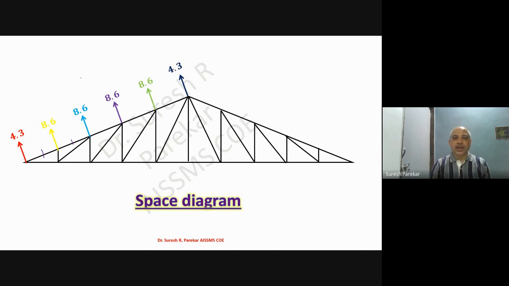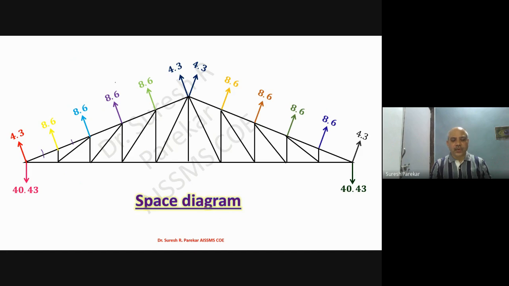Now this is perpendicular to the truss. If you remember, in dead load we had this value vertically at the center, but here it is perpendicular, so we have values perpendicular to both sides. Likewise we have these values of wind load, and as this wind load acts upward, we get reactions downward.